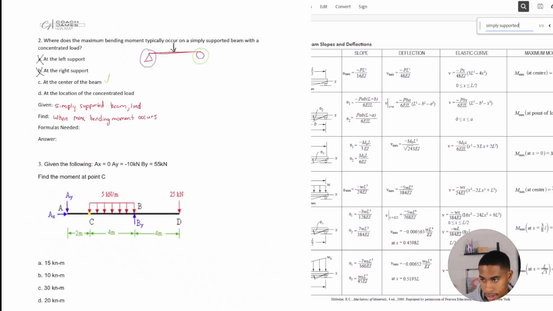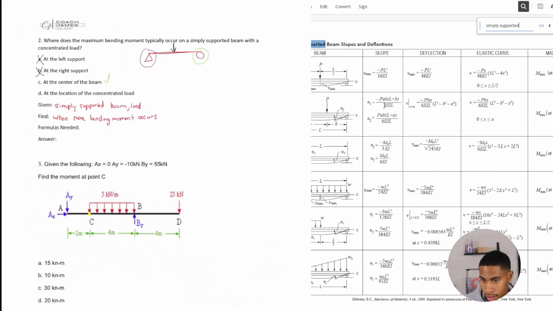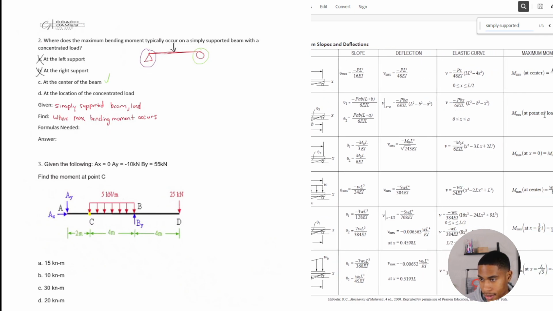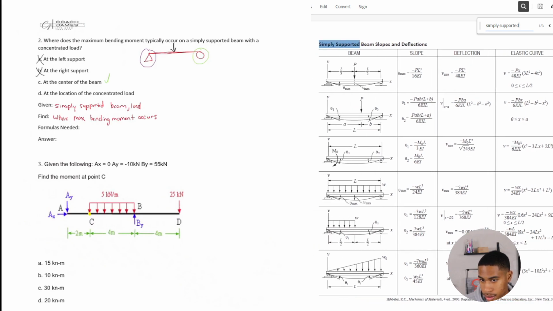But if it is located somewhere else, this box here says the maximum moment is located at the point of load. So wherever the location of that point of load is, that's where the maximum moment could be. So it is either C or D in this case. So we had two correct.